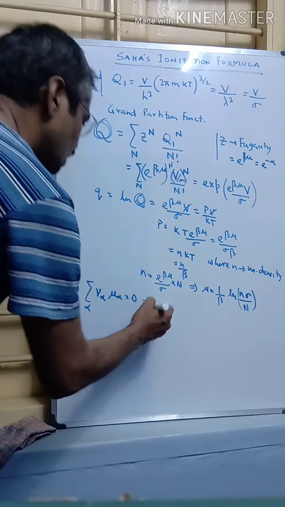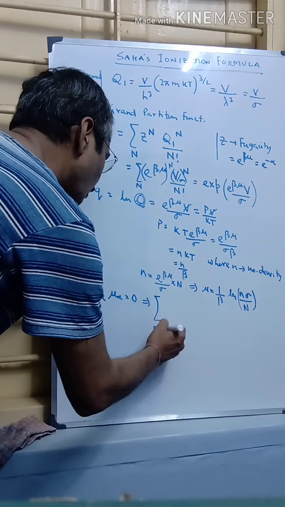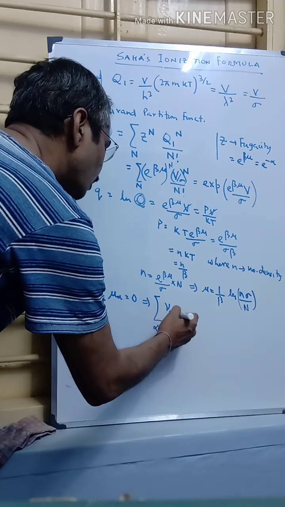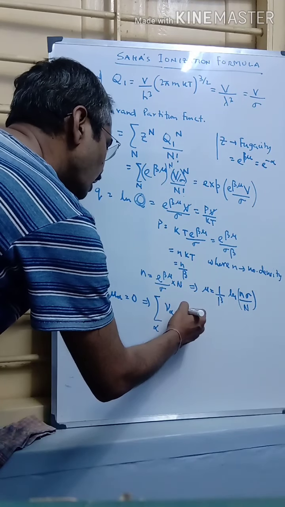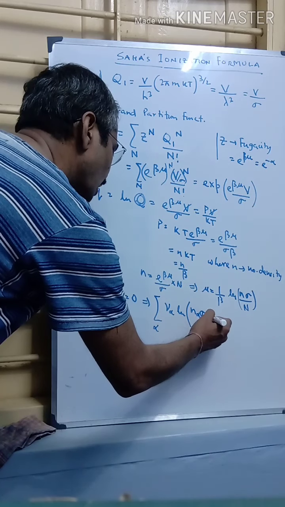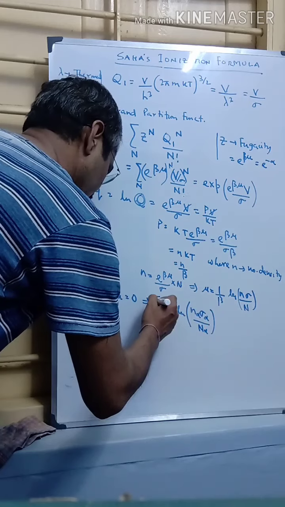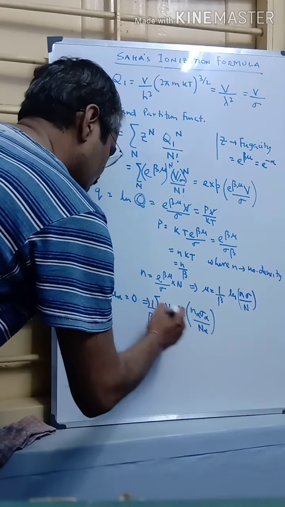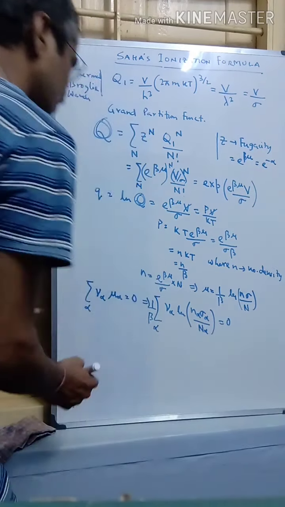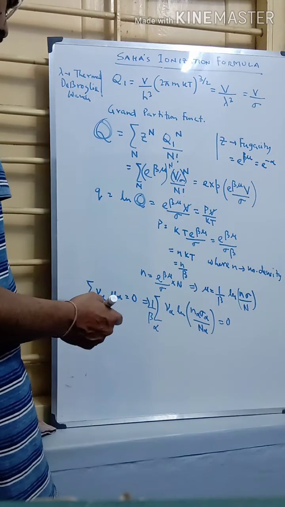So we can say that the sum over alpha of nu alpha ln of n alpha sigma alpha by n alpha, and there is a 1 by beta factor, but this doesn't depend on the type of the species. This is only dependent on the temperature and the Boltzmann constant, so we can take it outside the summation.